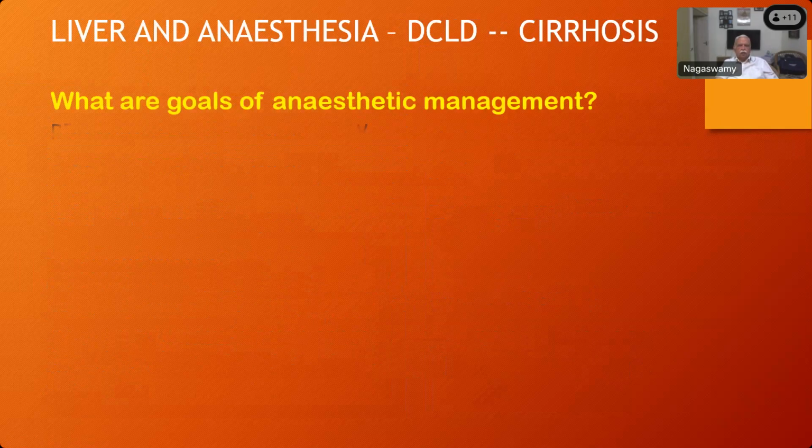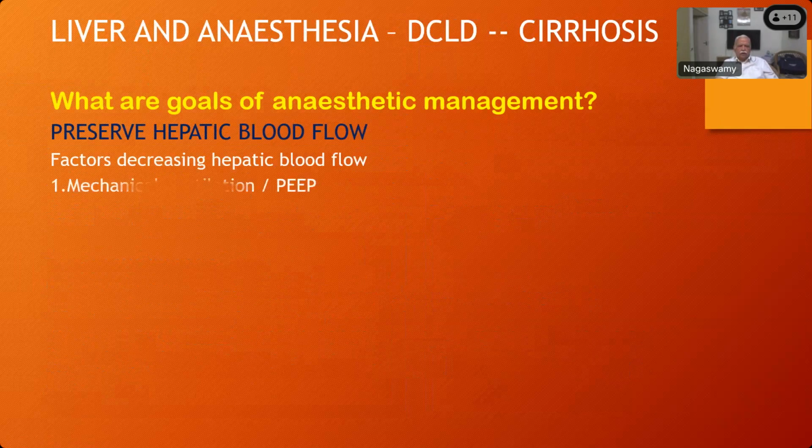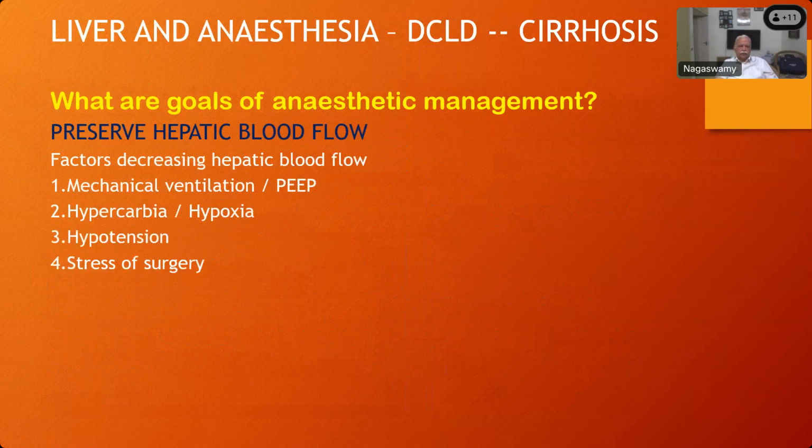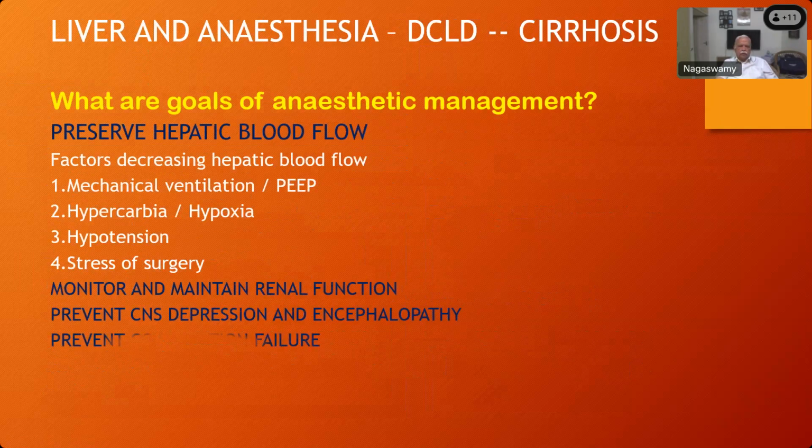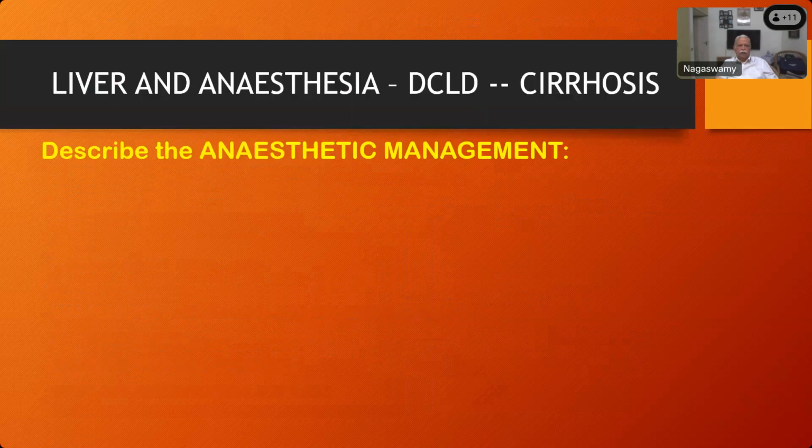So what are the goals of anesthetic management? Preserve the hepatic blood flow. Factors decreasing hepatic blood flow are mechanical ventilation, hypercarbia, hypoxia, hypotension, and the stress of surgery. Monitor and maintain renal function, prevent CNS depression, prevent coagulopathy, and prevent electrolyte imbalance.